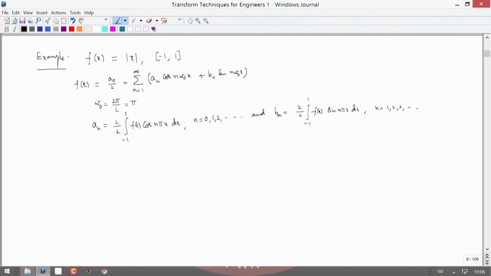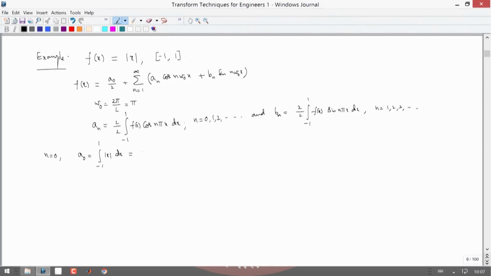Okay. Then we get this series, and that series we claim converges to this function f x, which is mod x in the domain -1 to 1. So, let us calculate these A n's. For n equal to 0, A naught is simply the integral from -1 to 1 of f x, which is mod x, times cos 0, which is 1, dx.